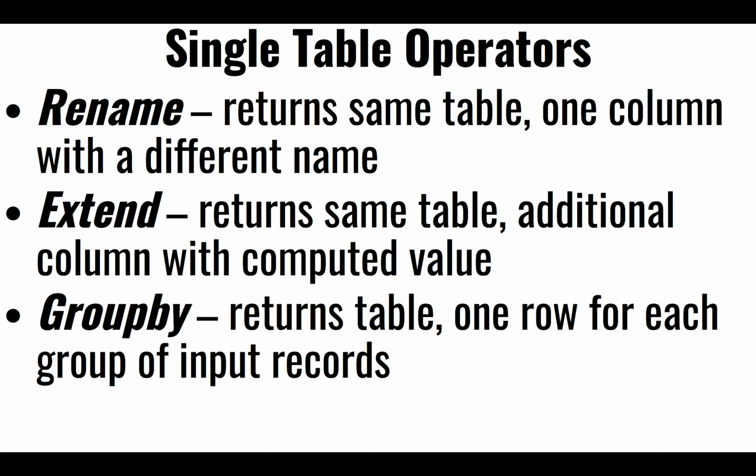Extend is, to avoid redundancy, we might not store certain things in our data set. Things that could be calculated on the fly. For instance, I might have first name, last name, and middle initial.